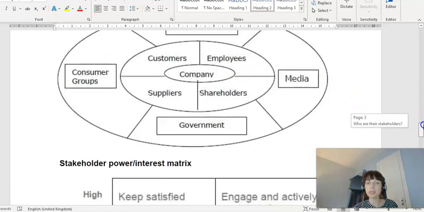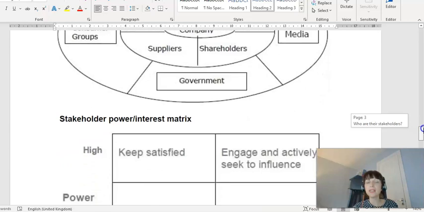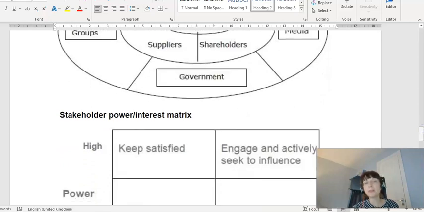So you might choose that. In addition, the stakeholder power interest matrix is really helpful when it comes to prioritising stakeholder communications. We're looking at who fits in each group: who has high interest and high power, who has high interest and low power.